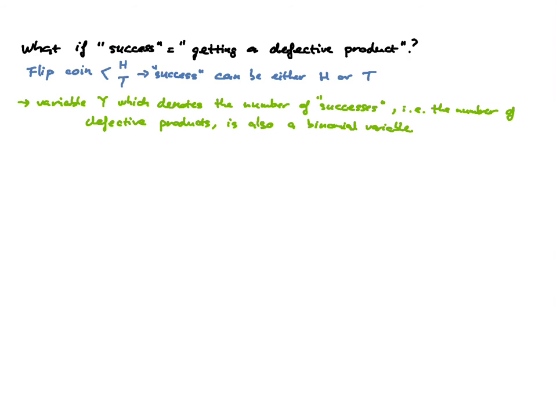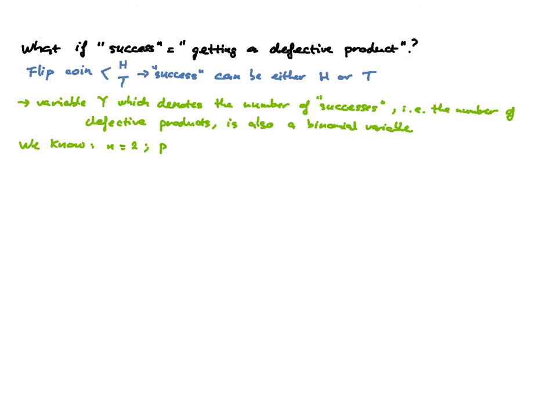Okay. So now what do we know? We know that this is an experiment with two trials, so n is equal to 2, but what is the probability of success? Remember that the machine produces acceptable products 70% of the time, and so that means that it produces defective products 30% of the time, right?